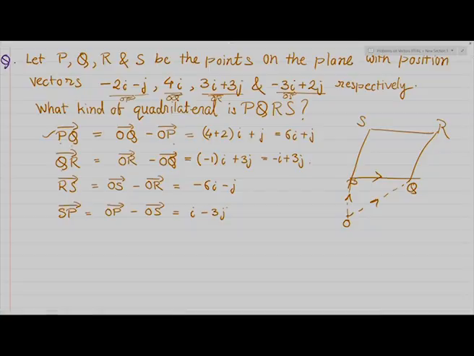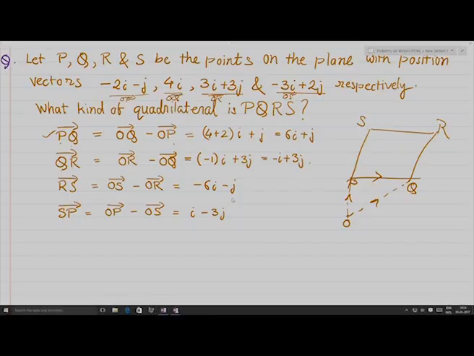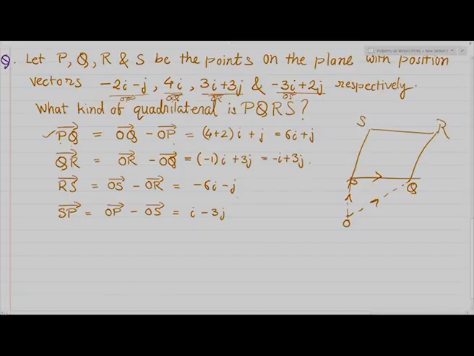Now you can note a few things. If you look at this particular expression, minus 6i minus j, and if you look at this particular expression, which is 6i plus j, then this is nothing but minus PQ bar. And if you look at i minus 3j and minus i plus 3j, again you are getting minus of QR bar.